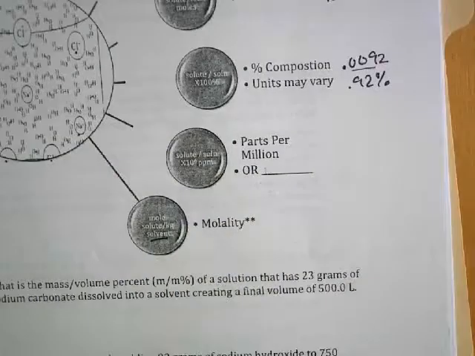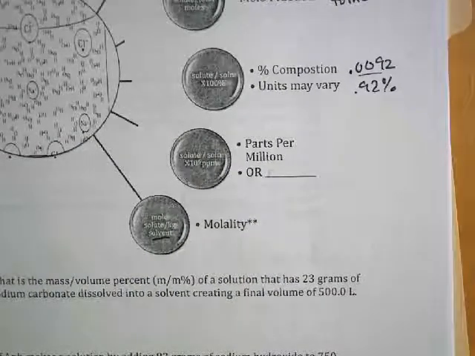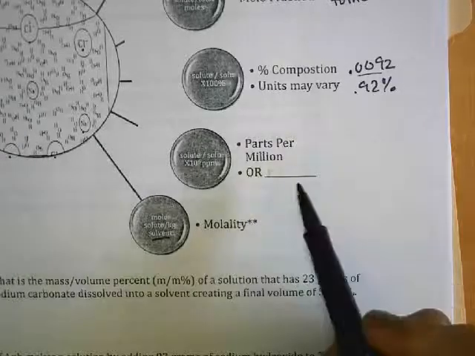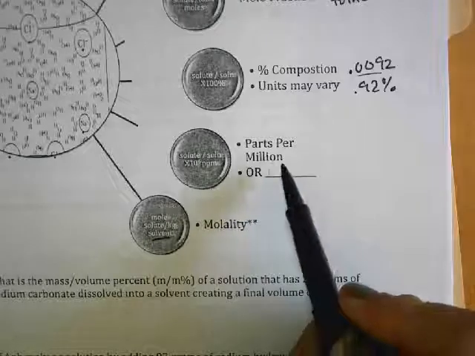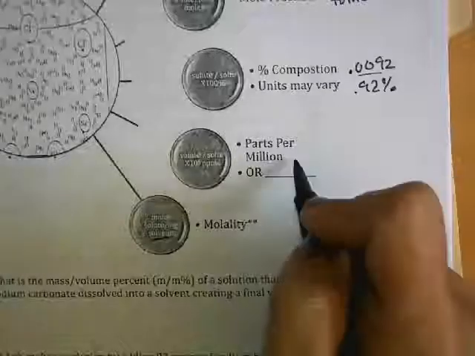Okay, parts per million. This is an important one before we move on. Parts per million could be any percent composition where you most often would get a very tiny number, and instead of multiplying it by 100 as we do for percent and adding a percentage sign, we will now multiply that number by 1,000,000 and then add the units ppm.